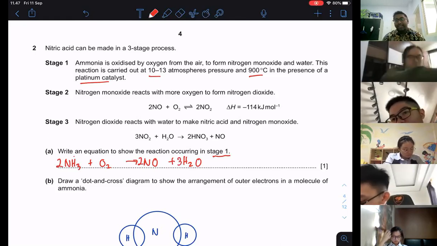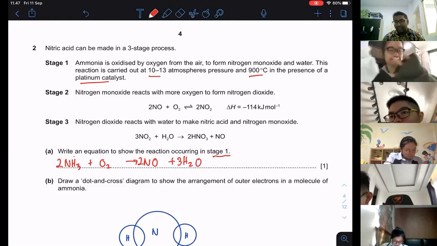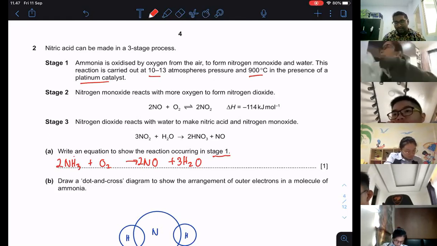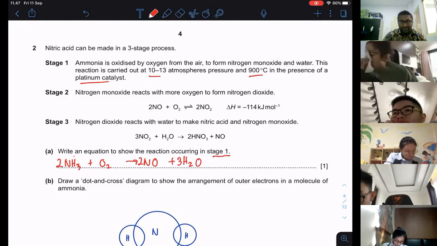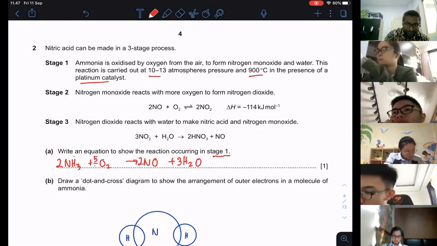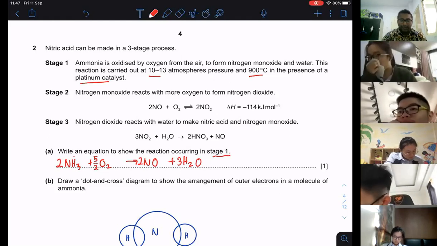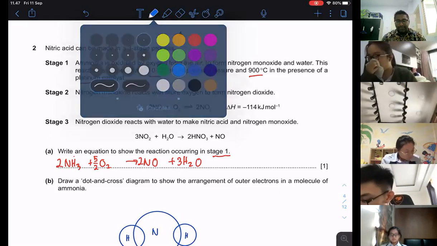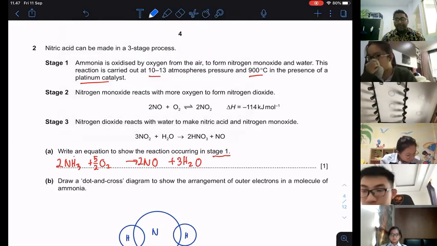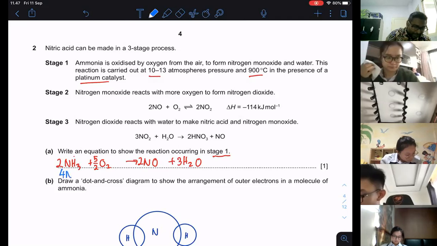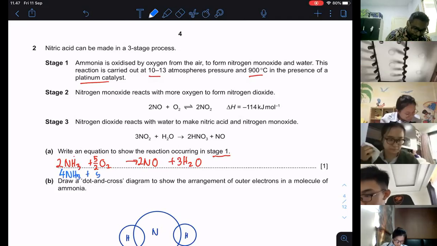The last one that you balance is going to be the oxygen. On the right hand side, I have 2 oxygen plus 3 oxygen, so that will give me 5 oxygen, and I know if I put 5 over 2, everything is balanced. But I strongly advise you do not leave your answer in the form of a fraction. So times everything by 2, and you're supposed to get this particular answer.